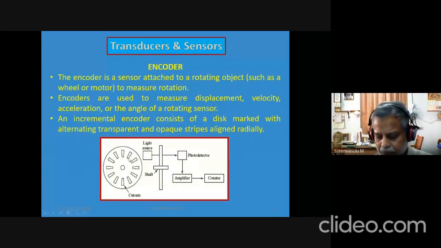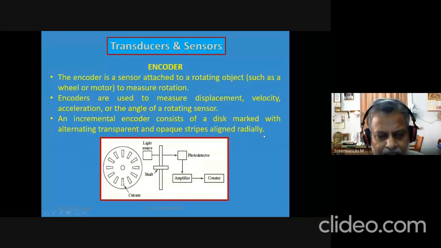Whenever the transparent portion comes, the light travels. Whenever the obstruction comes, the light will not travel. Whenever the light has traveled through the slot and reaches the photo detector, it catches that as an input. Then that information is going to be amplified, and that is going to be sent to the counter.